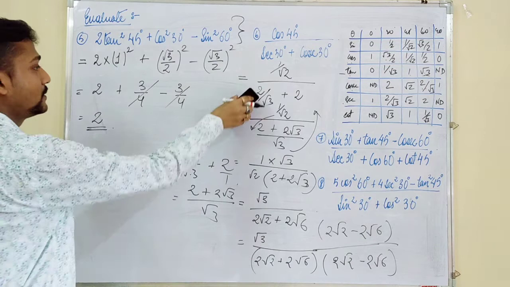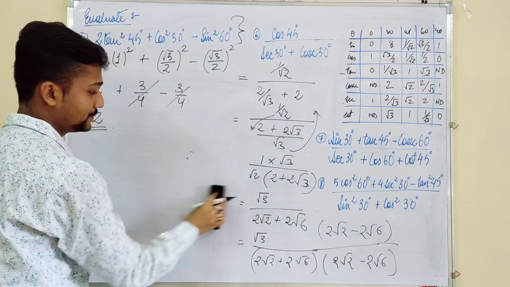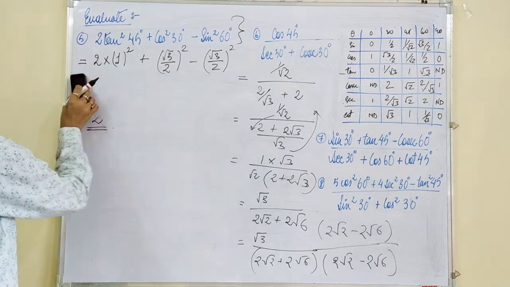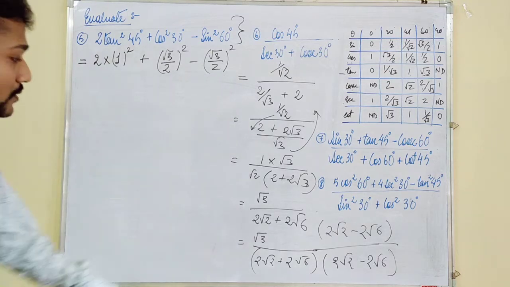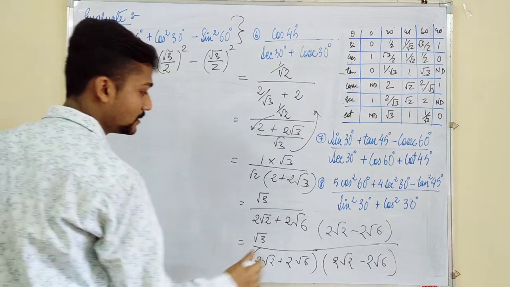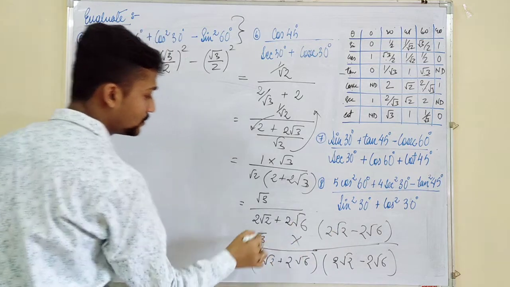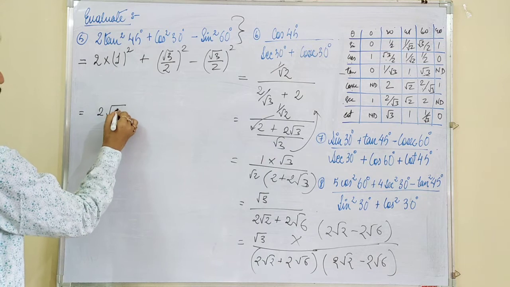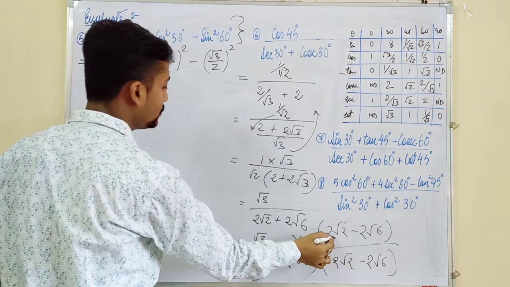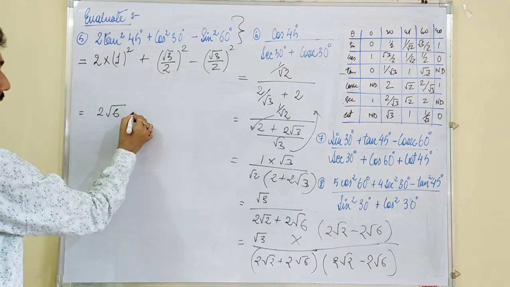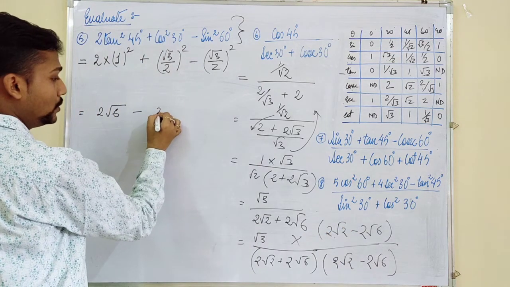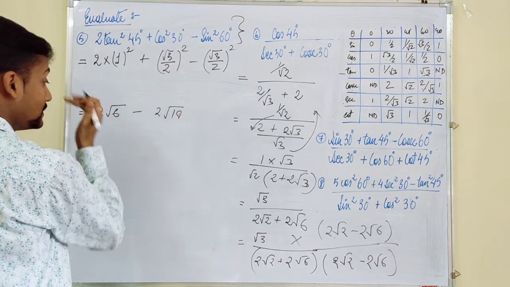I am rubbing this particular part, as you have already done. So from here I will start the solution. Root 3 into 2 root 2 is 2 root 6, minus root 3 into 2 root 6 is 2 root 18.